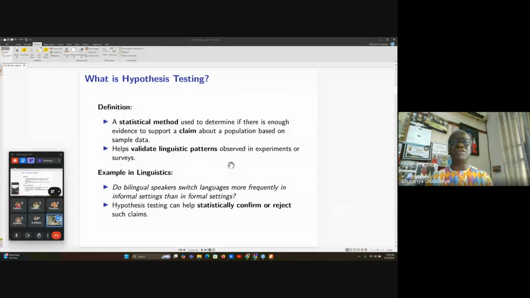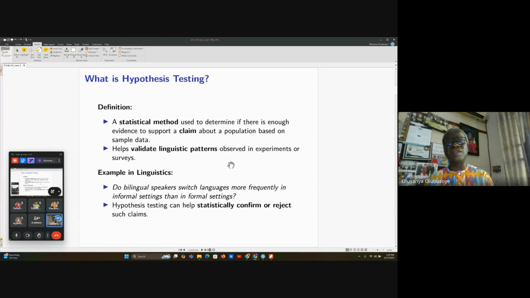So I will need to use the data as evidence, and then establish whether that data supports the claim that I made regarding the speech rate of the class.